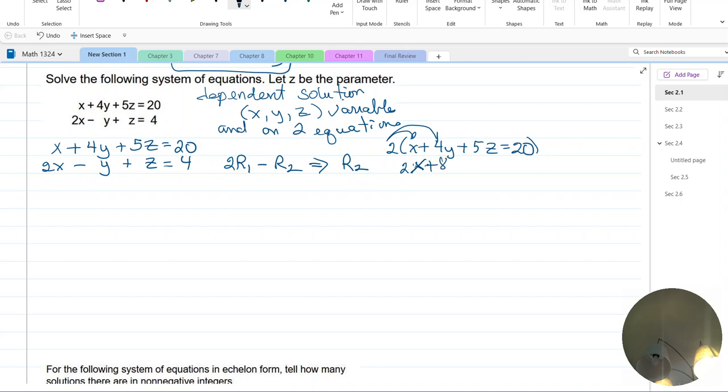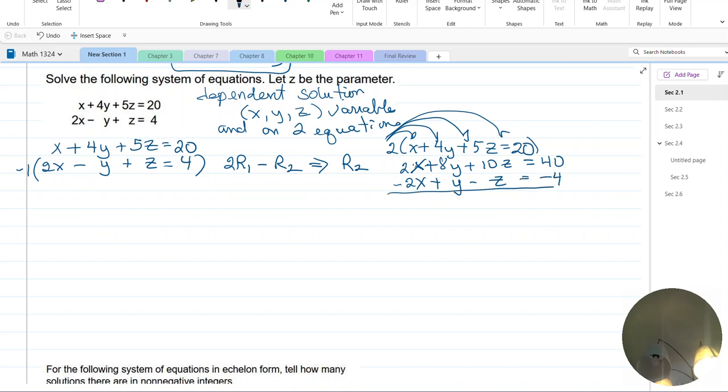Just plus 8y plus 10z's equal 40. And I'm going to subtract the second row, minus the 2x, minus 2x, plus the y, minus the z, equals -4.